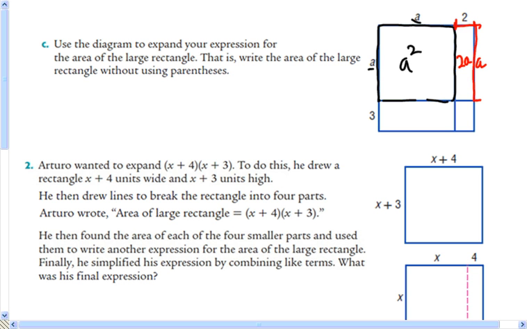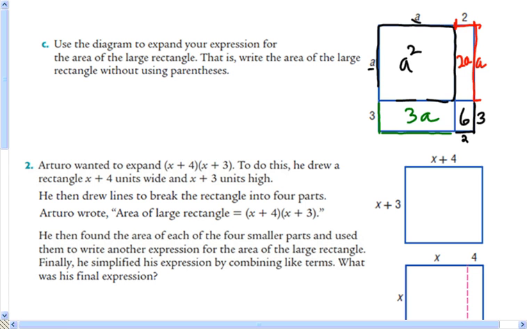Down on the bottom part, we have a rectangle that has a length of 3 and a width of A, so that's 3A. And then the smallest part, for some reason students miss this, but that width there is just 2, same as the top, and then that width there is 3, so it's 2 times 3 is 6 for that part.